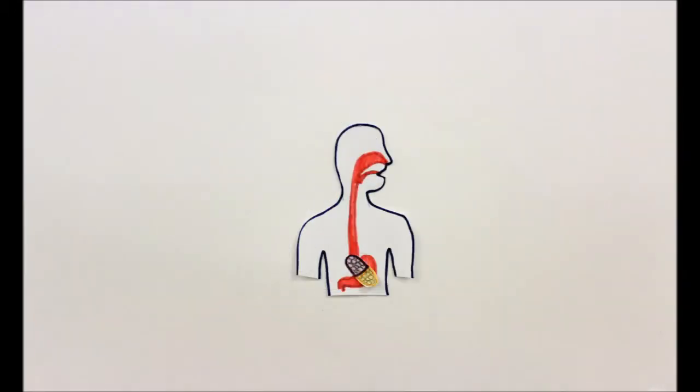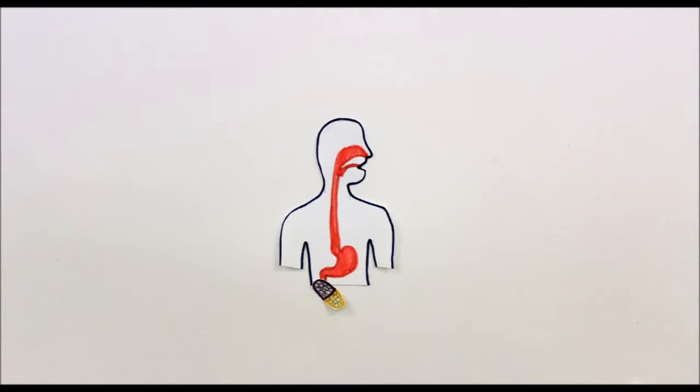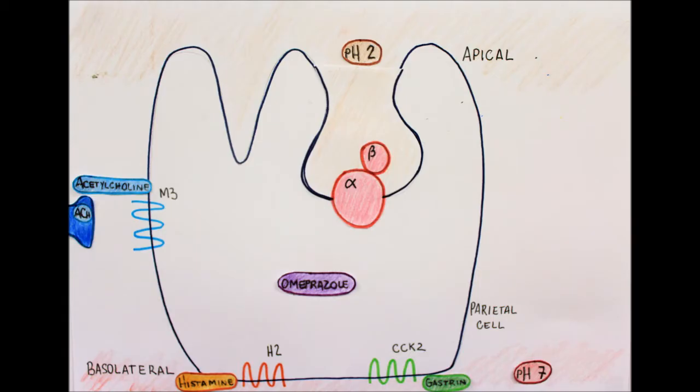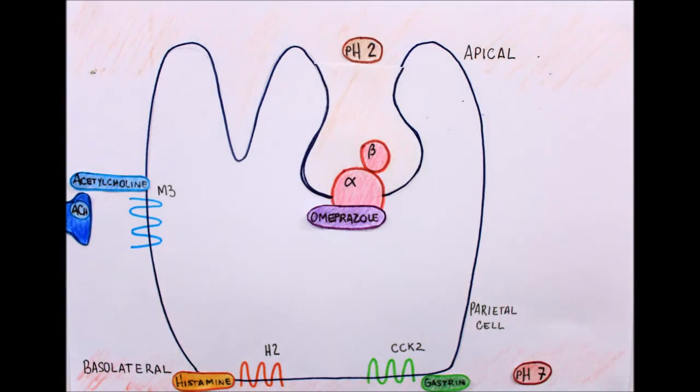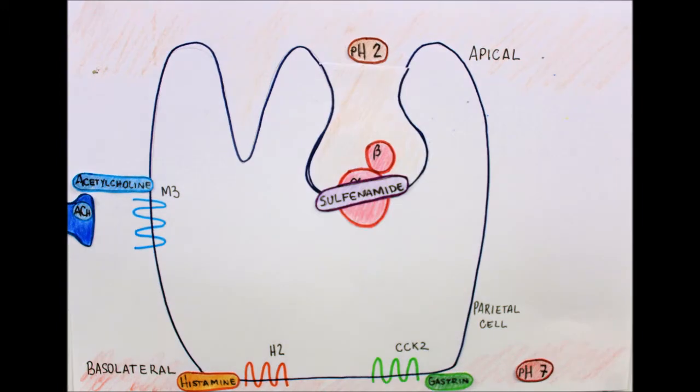Omeprazole will be absorbed in the intestine and it will reach the parietal cells through the bloodstream. When the pH is around 7, omeprazole can cross the membrane until it reaches the secretory canaliculus of these parietal cells, where the pH is going to be around 2. And because the pH is acid, omeprazole will be converted into its active form, known as sulfonamide.